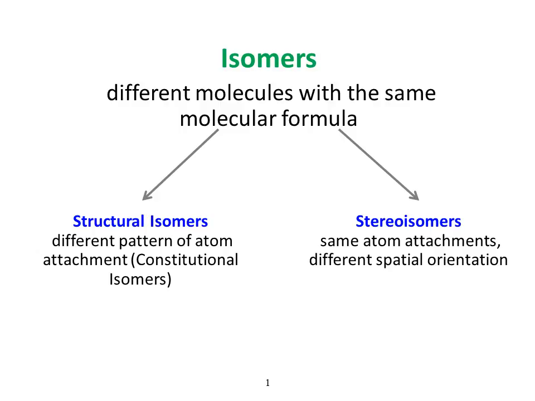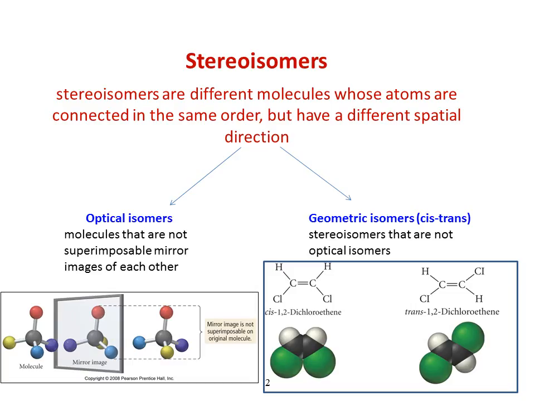Now I'm going to talk about the stereoisomers, and that means they have the same attachments, but their spatial arrangements are different. We already talked a little bit about one part of the stereoisomers. There are two types of stereoisomers: one is called optical isomers, and the other is called geometric isomers.